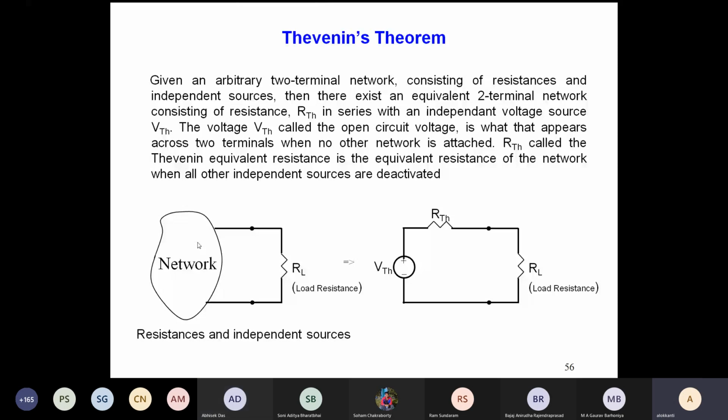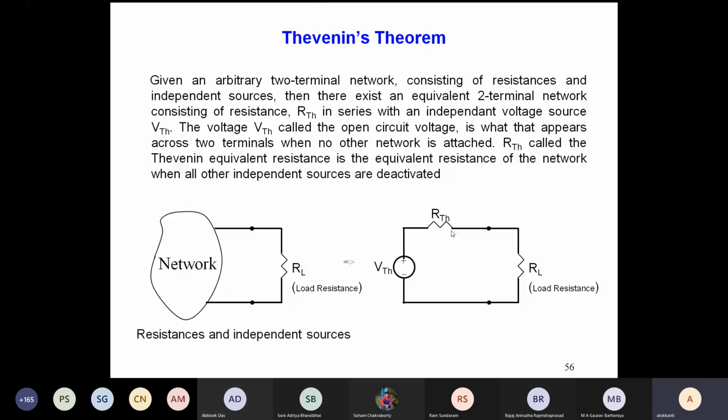If it is a voltage source, deactivation means it has to be shorted, and current sources have to be open circuited. After deactivating all the sources, what you are left with are the passive elements, and whatever resistance is there across these two terminals is the RTH. Once you have this, it is very easy to calculate the current through the load resistance RL.